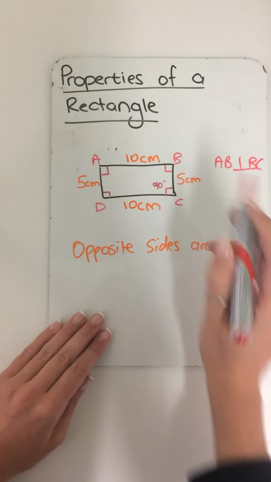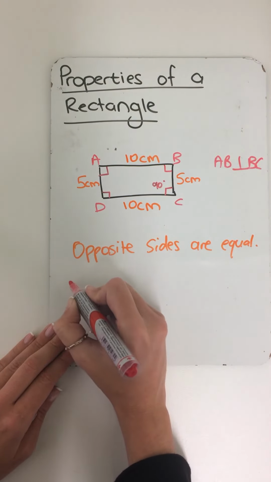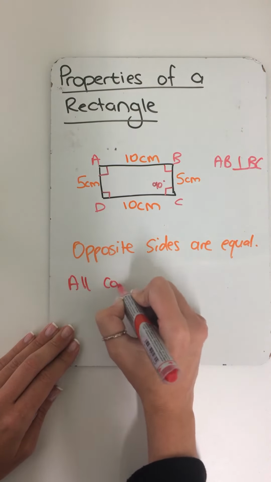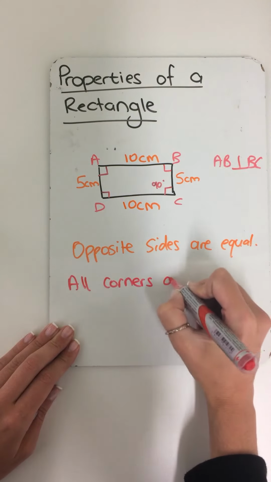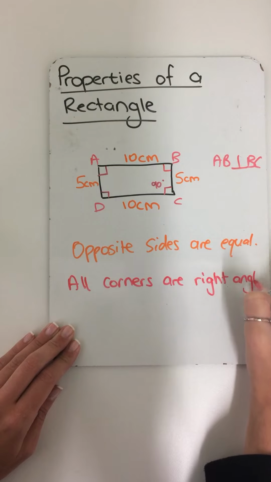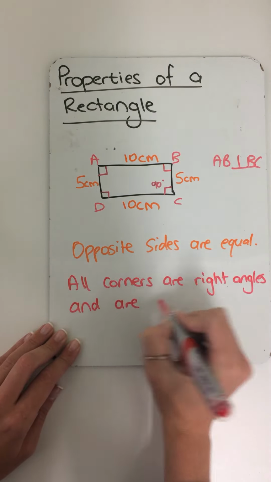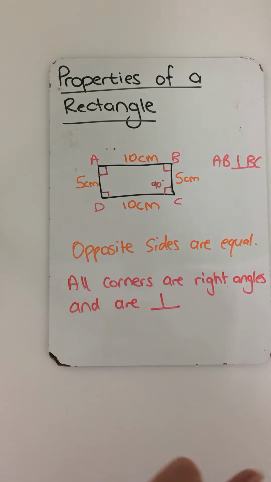And that's the same for all the corners of the rectangle. So I'm going to say all corners are right angles because they meet at 90 degrees and are therefore perpendicular to each other.